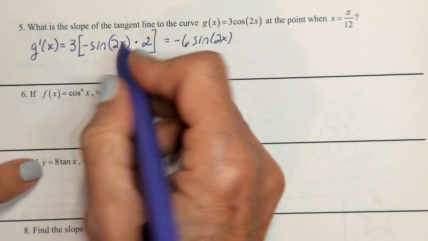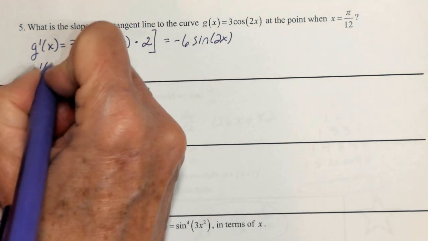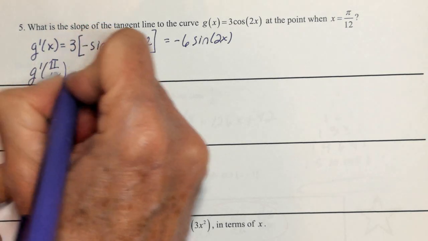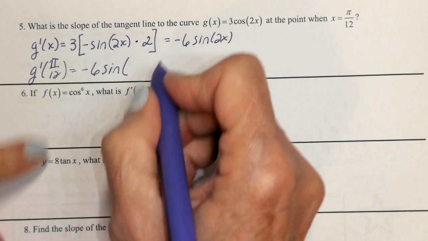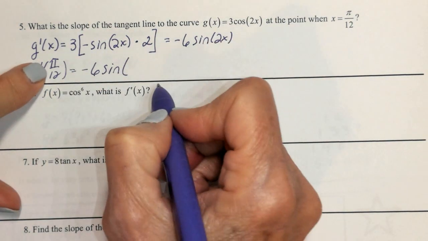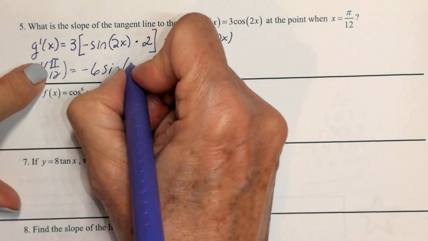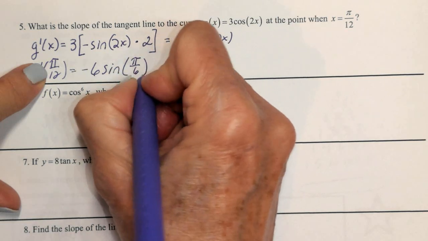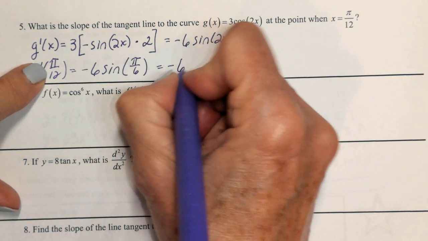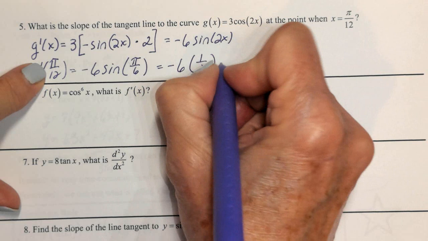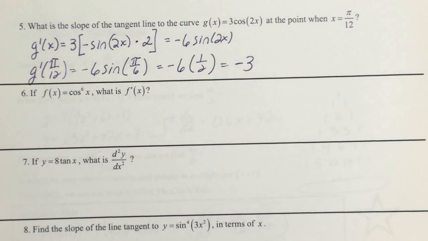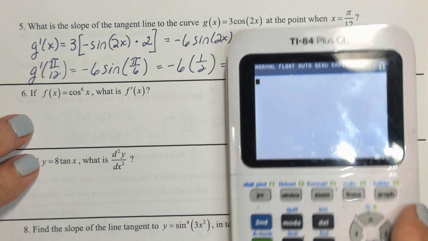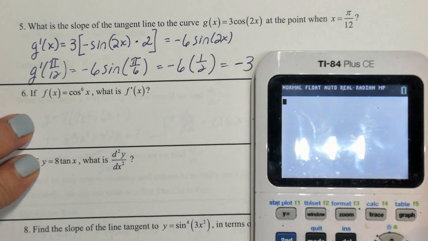Okay? Now we're going to put pi over 12 in for x, and we have negative 6 sine of 2 times pi over 12. 2 times pi over 12 is pi over 6, and sine of pi over 6 is 1/2. So this derivative is negative 3. This looks like a good one to check on our calculator, get a little calculator experience.